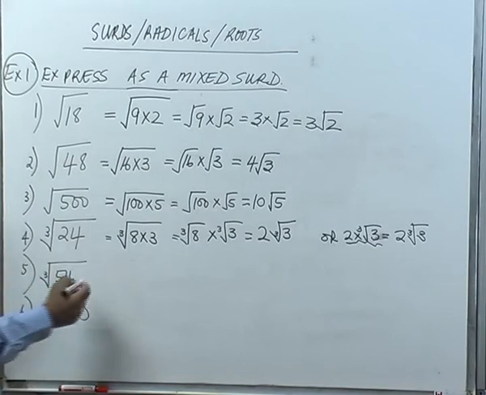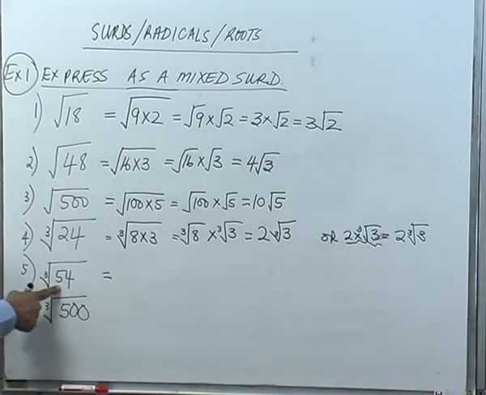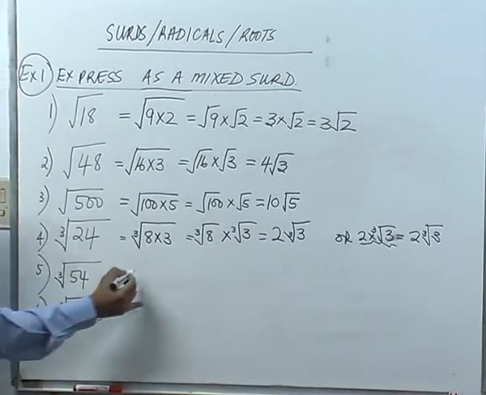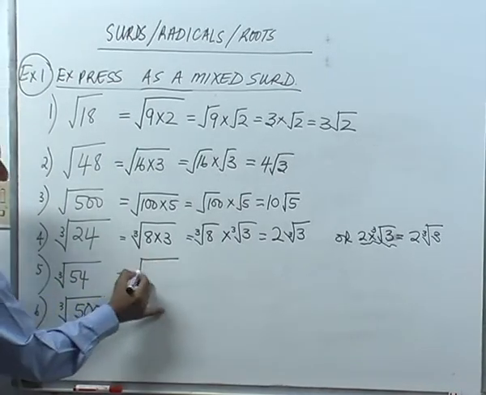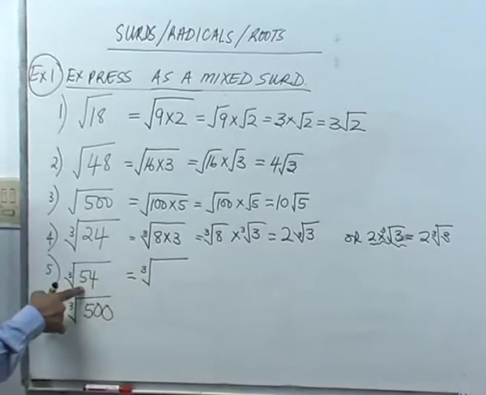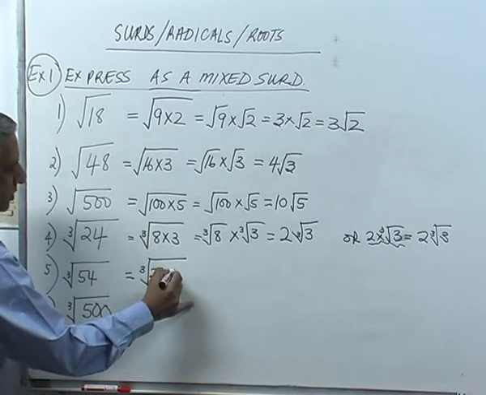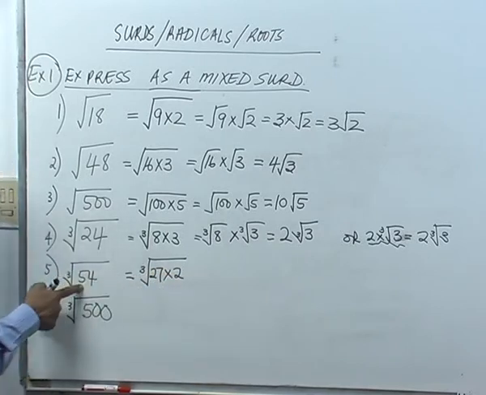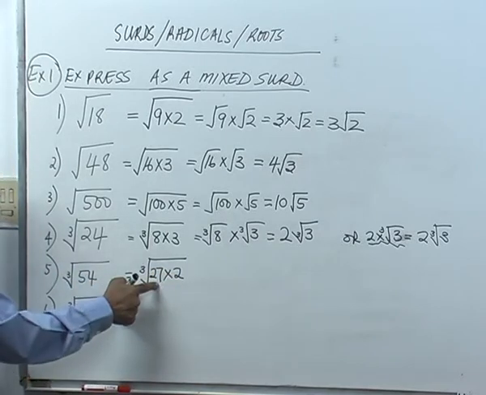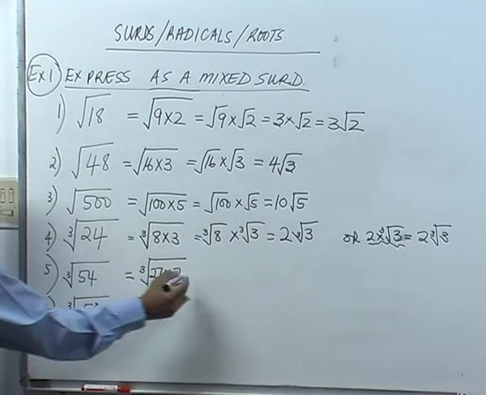Right, let's look at number 5. Cube root of 54. So go and look at your table of cube roots that we gave you earlier on, and you'll find that the biggest possible cube inside here is 27, because 27 times 2 gives you 54. And 27 is a perfect cube.